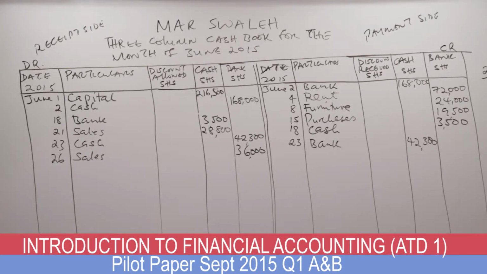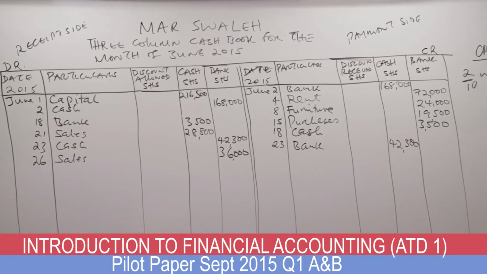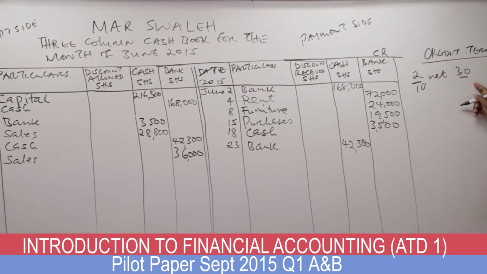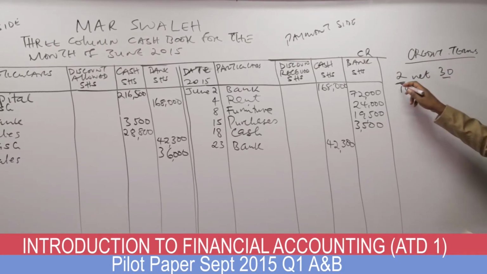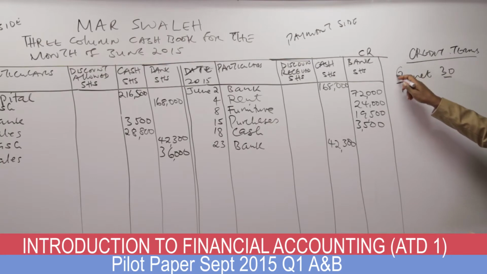He did not pay. It is a credit purchase. And the agreement was that he's supposed to pay in 30 days. So I need to explain this. This simply means that the 2% here is a discount.